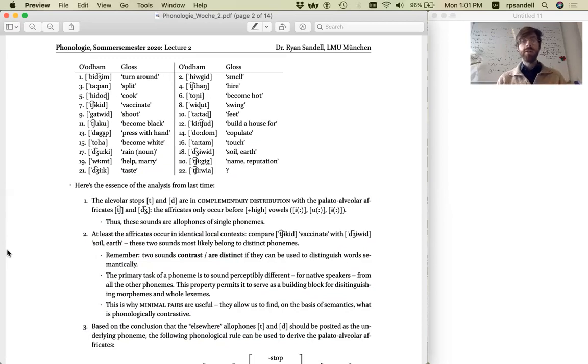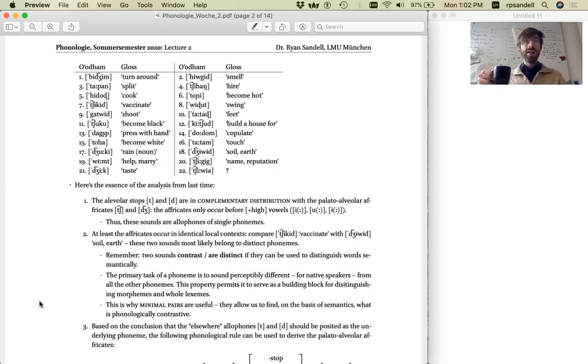So let's recall here that two sounds are said to contrast or be distinctive if they can be used to distinguish words semantically. Those two pieces of data don't constitute perfect minimal pairs, but because those two sounds occur in identical local environments, we can make, for the time being, the assumption that they probably are contrastive.